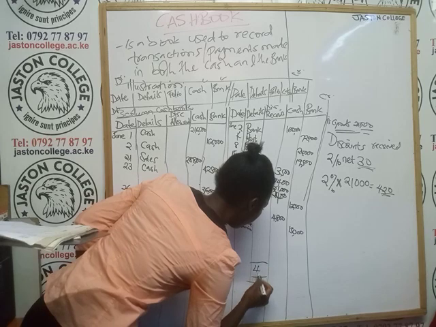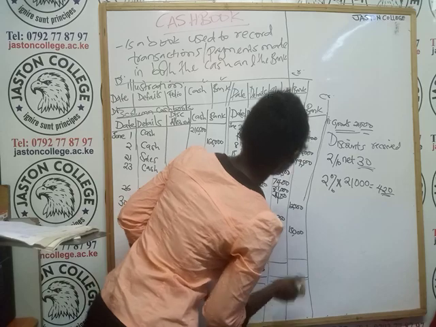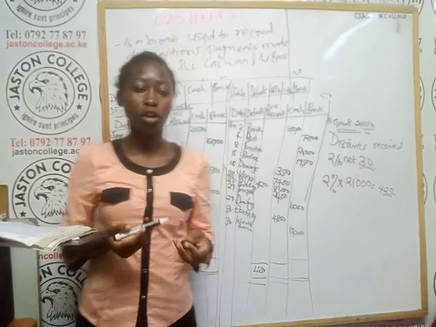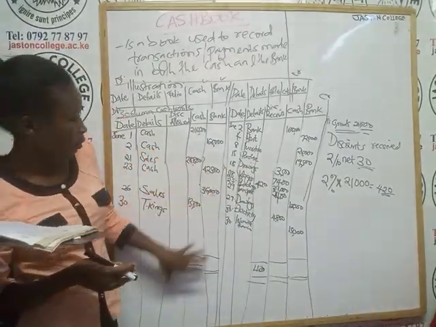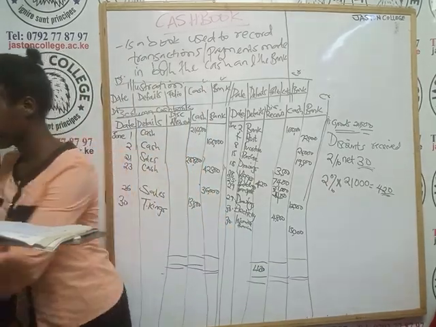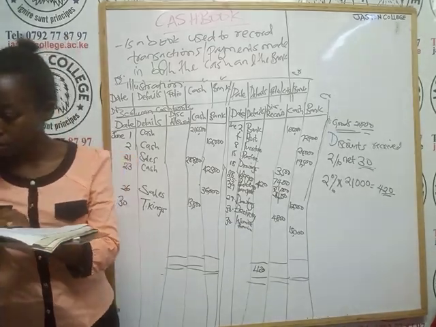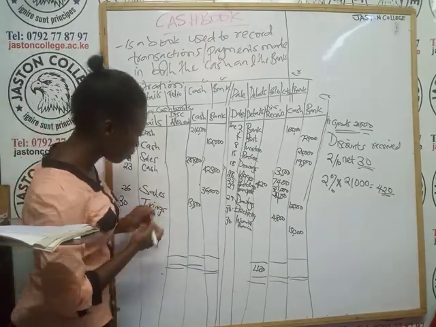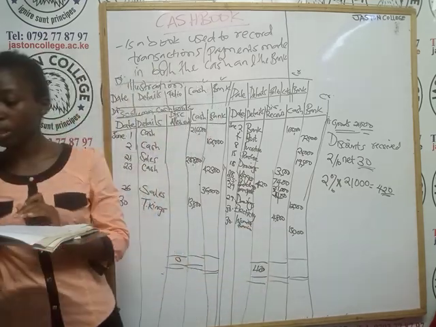We will put it here, 420. We have this sum total of the cash and the bank. So my good students, we are going to use our calculators in making the final balancing figures. So I want us to calculate together. From the discount allowed, we don't have any. So the discount allowed and the discount received, we have 420.